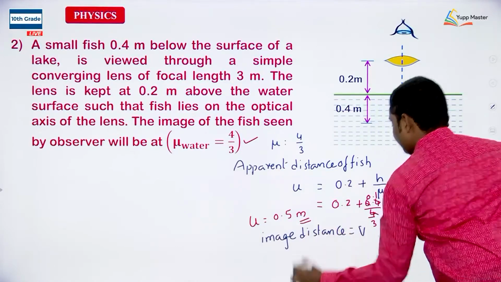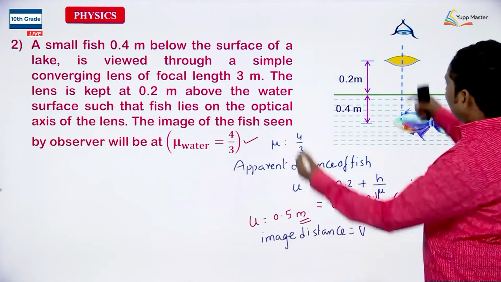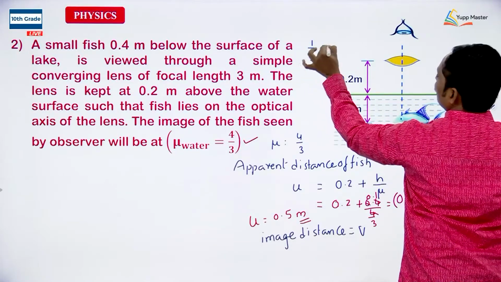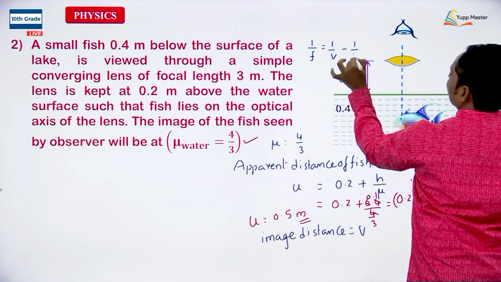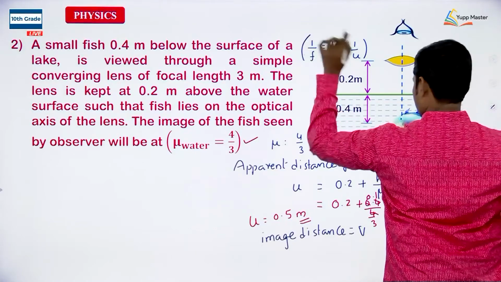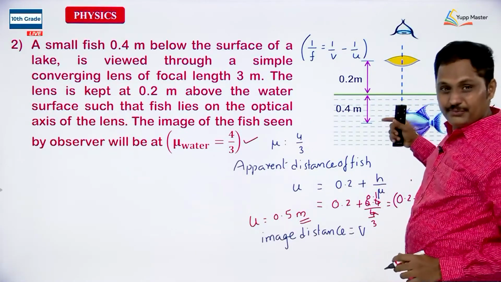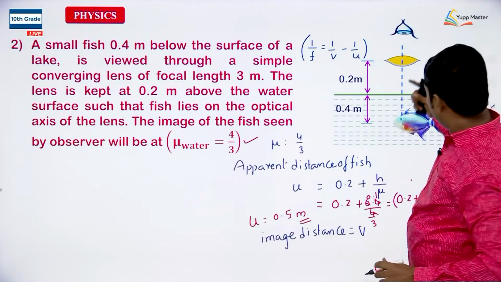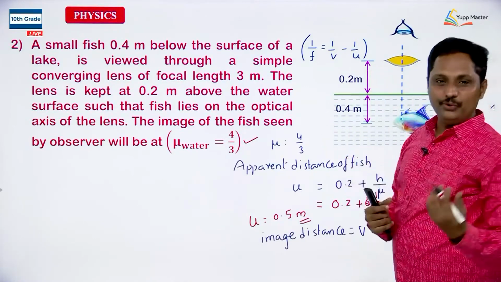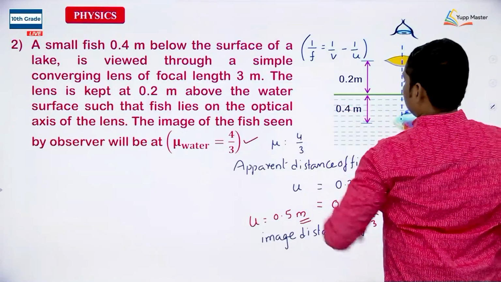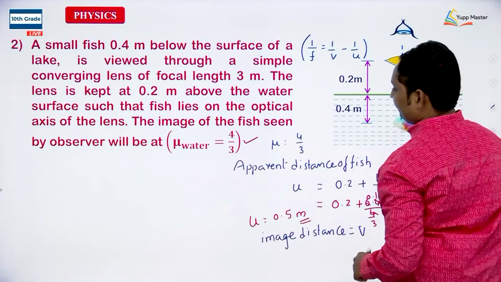Image distance is v. Now, we can apply that known formula, that is 1 by f is equal to 1 by v minus 1 by u. Yes. So, you have taken that u is going to be negative because of the sign convention. We can solve this problem by applying this formula.